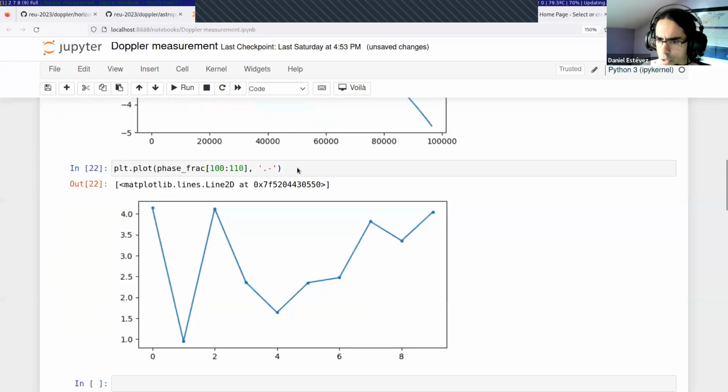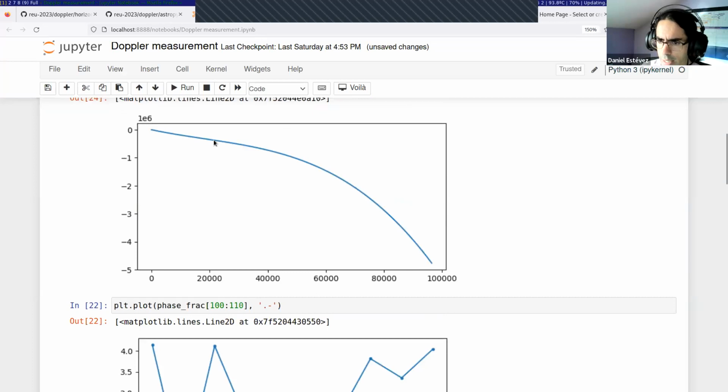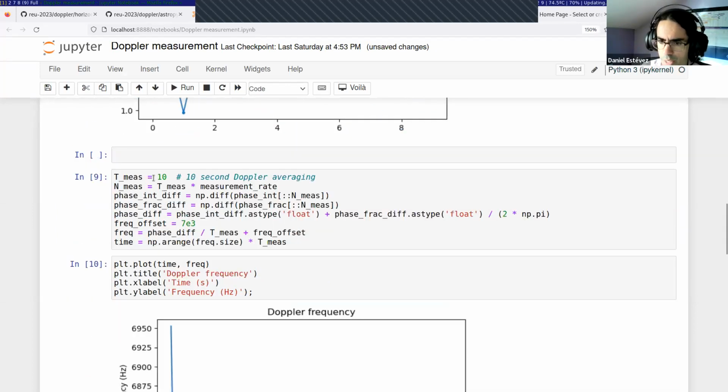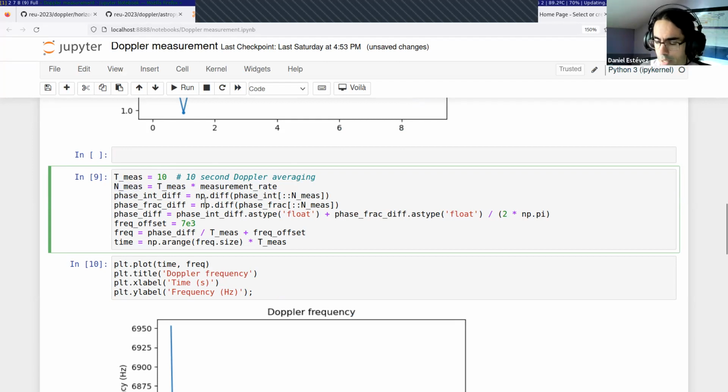And what we will do is subtract measurements which are 10 seconds apart. Since we have 10 measurements per second, that means we are subtracting measurements which are 100 samples apart. I have my measurement rate, which is 10 measurements per second, and then 10 times 10 equals 100 samples.